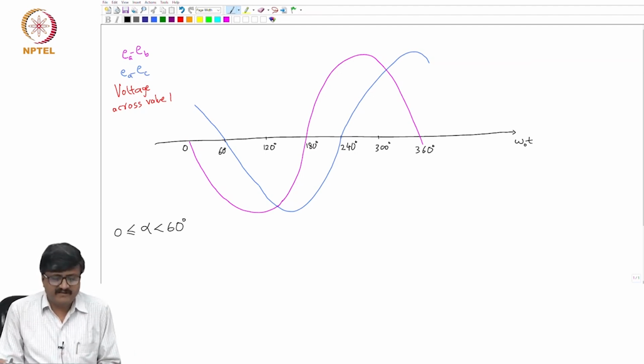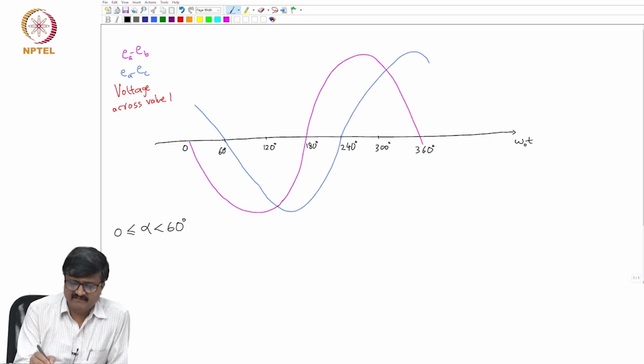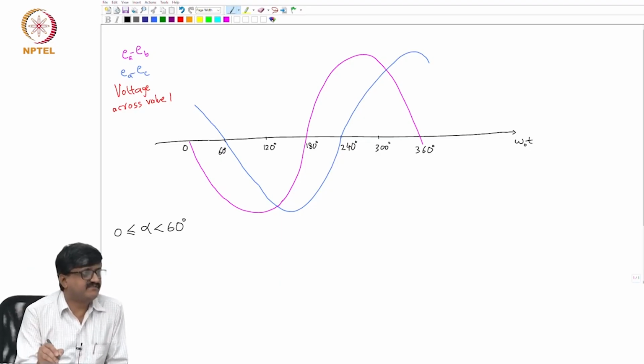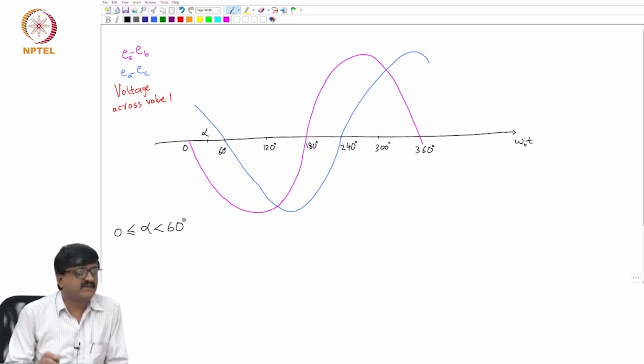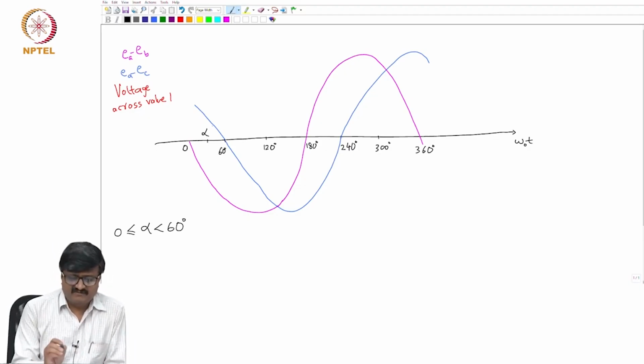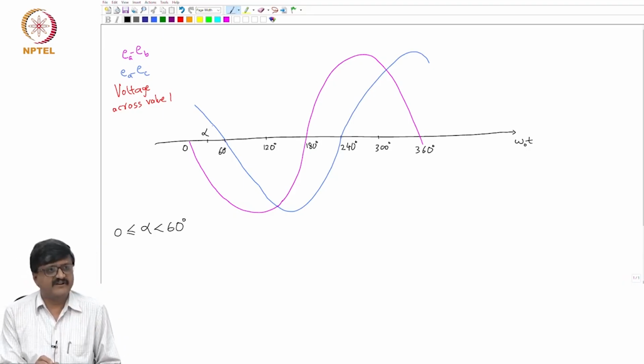If alpha is less than 60 degrees, then I have to show alpha somewhere between 0 and 60 degrees. Suppose alpha is somewhere here. Alpha is the instant of turning on valve 3.